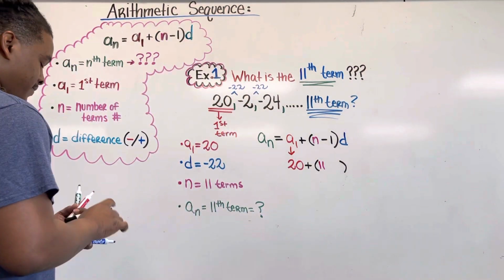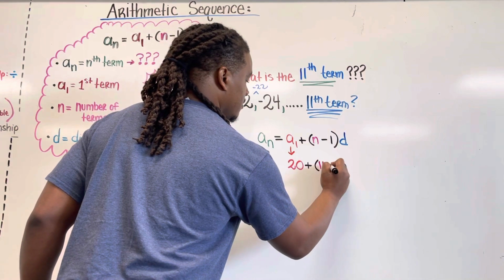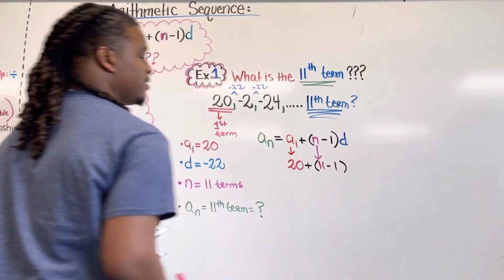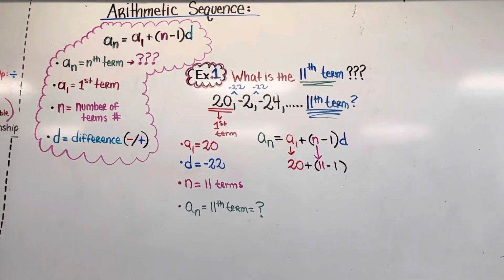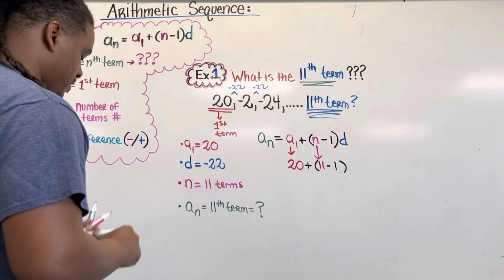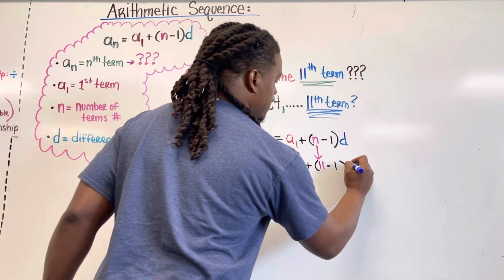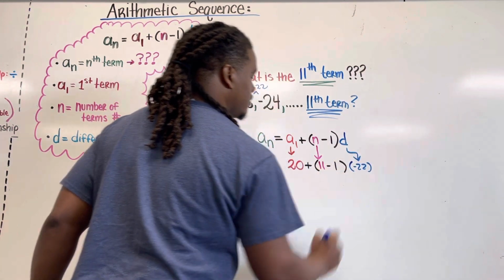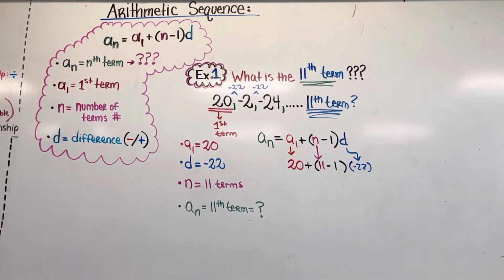So it's going to be 11 minus 1, parentheses closed, times the difference between each term, which is negative 22. So all we're going to do is solve that equation, and then we'll figure out the 11th term, which is a_n.